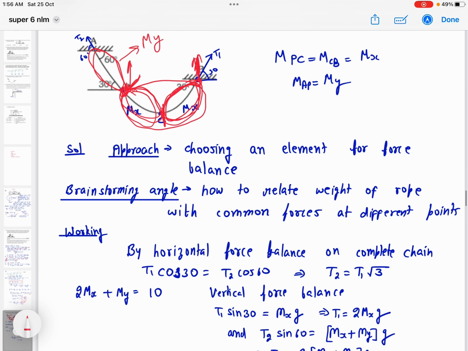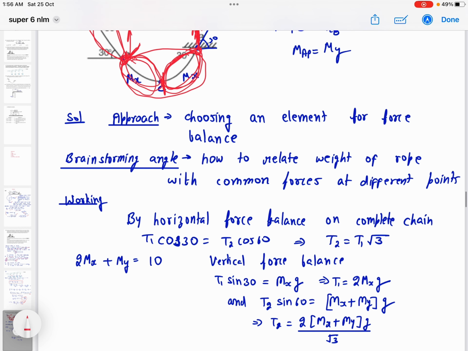Now I am working with the force equation. Horizontal force balance: T2 is equal to T1 into root 3. Then the vertical force: total mass, first of all we know this is the total mass. For vertical force balance separately on the right part, you write T1 sin 30 is equal to mxg.